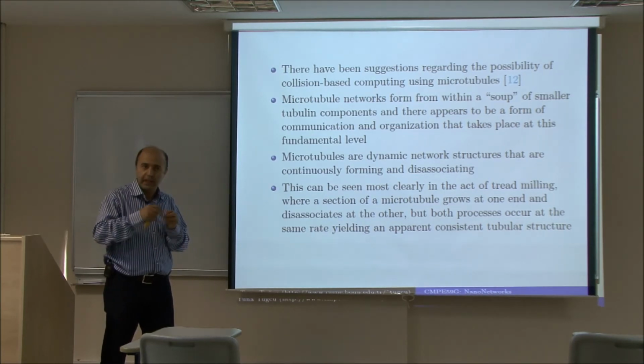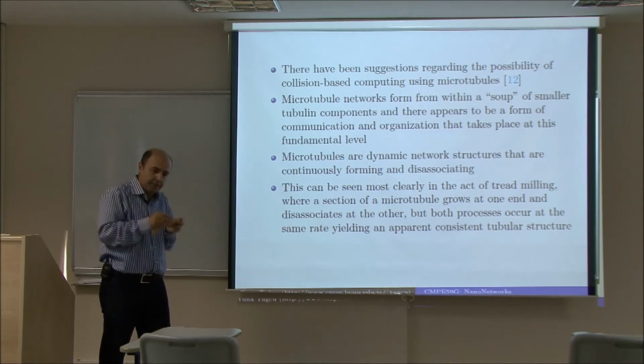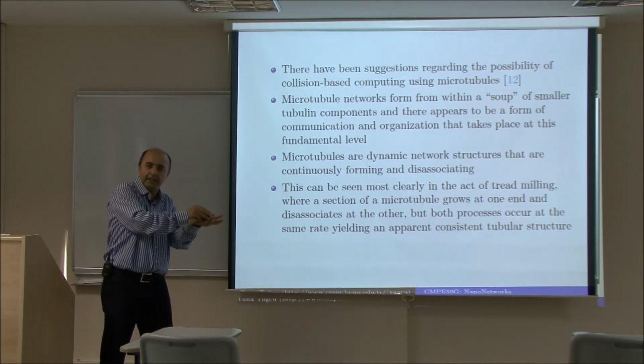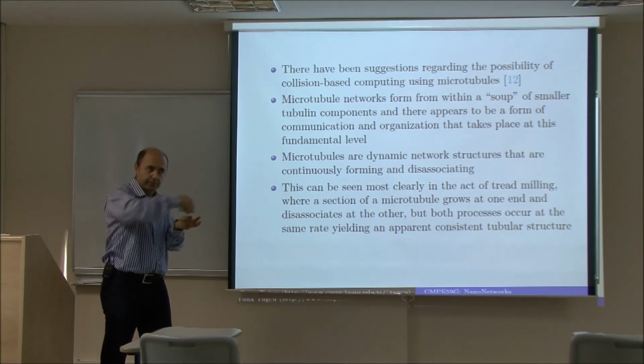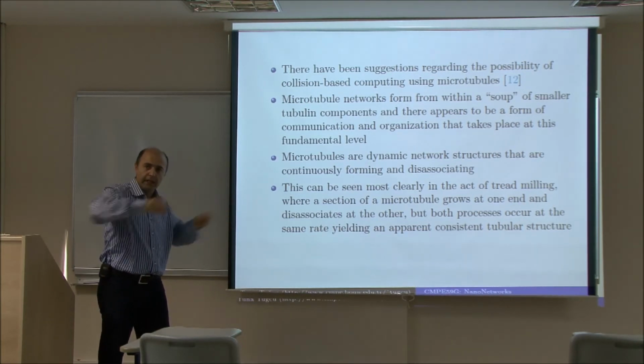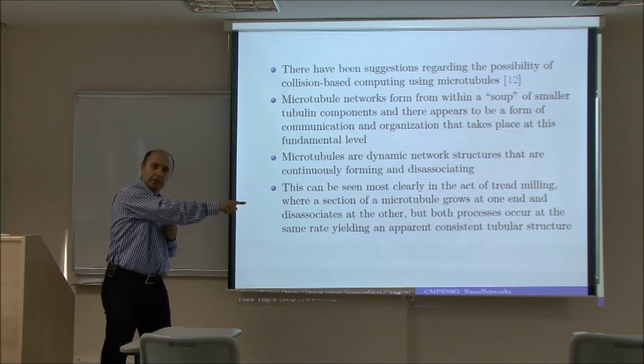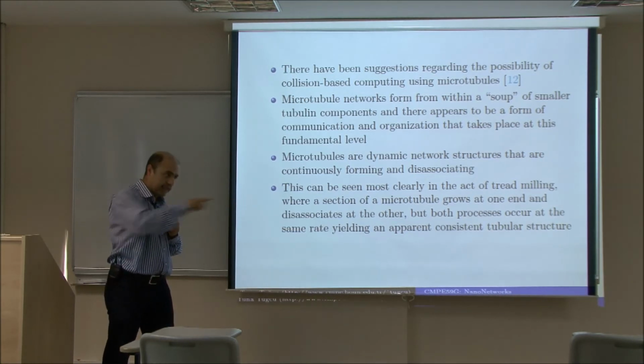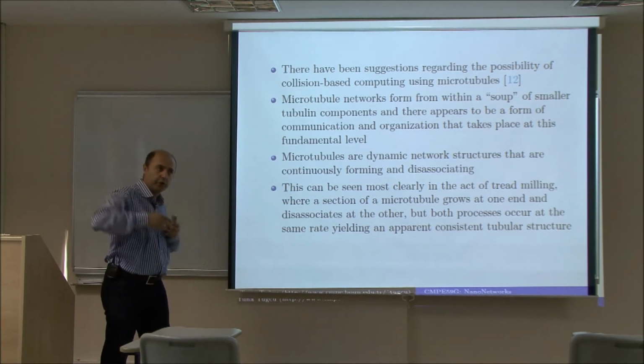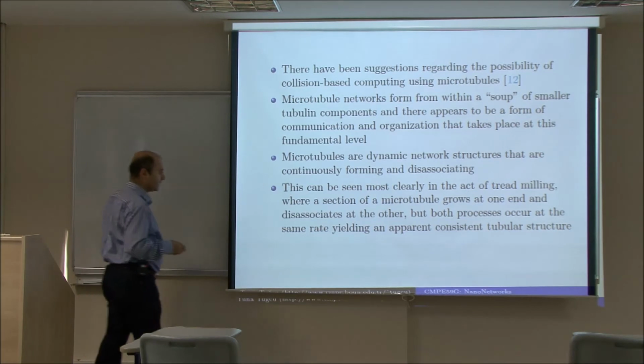Okay, and you bring components together and you add them to the existing filament, and more and more, and actually what you're doing is you're pushing your filament in that direction by growing it from this side. Okay, so that's the thread milling act.